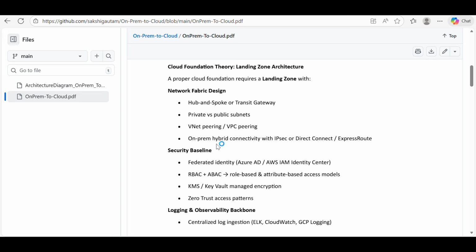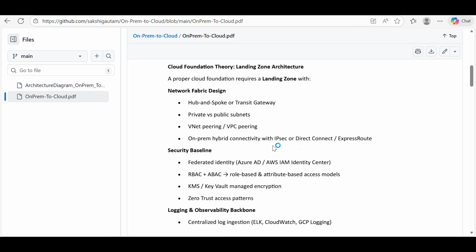So how will communication happen from one VPC to another VPC, and on-prem hybrid connectivity with IPsec or Direct Connect or ExpressRoute. How will that connectivity be established, because sometimes you will be in hybrid mode, you are not migrating everything at once. So everything should be decided for the landing zone.